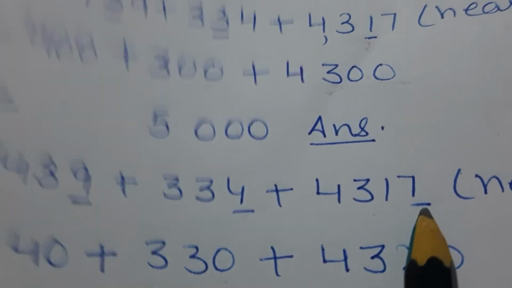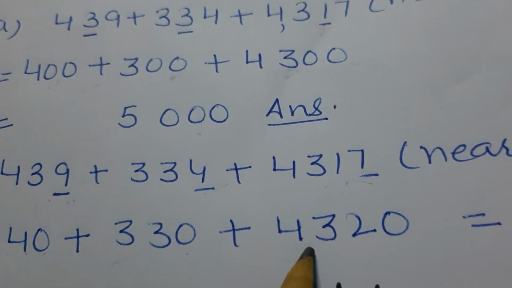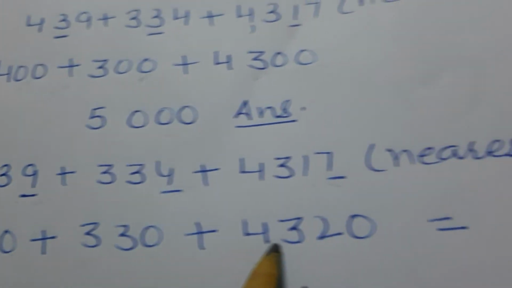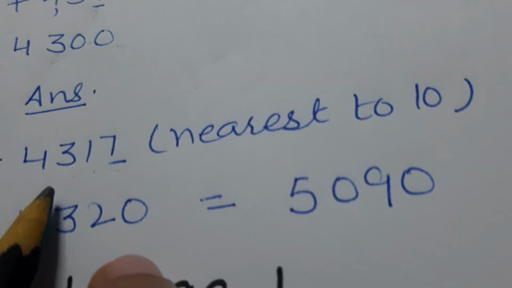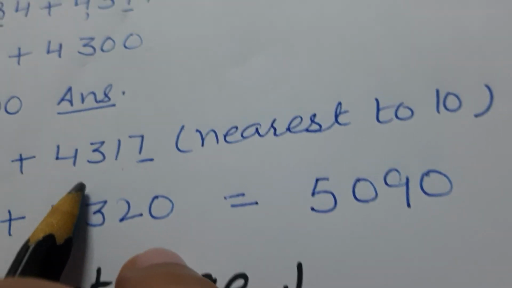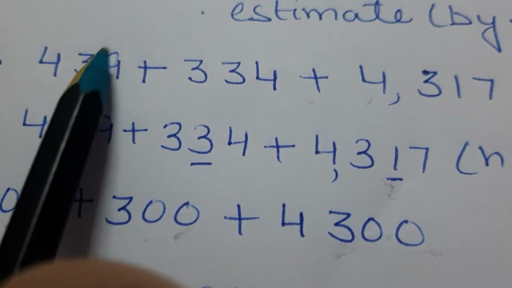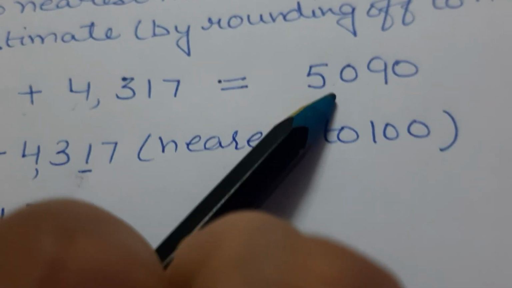It is bigger than 5, so it will become 4320. So now we will add all these numbers horizontally, we will get 5090.